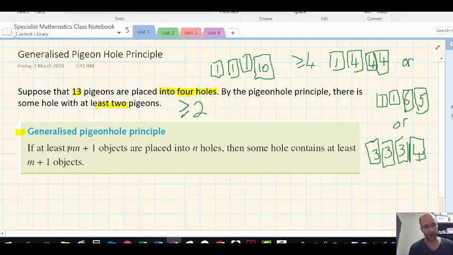In general, if we have at least m times n plus 1 objects placed into n holes, then some hole will contain at least m plus 1 objects, which is the generalized pigeonhole principle.